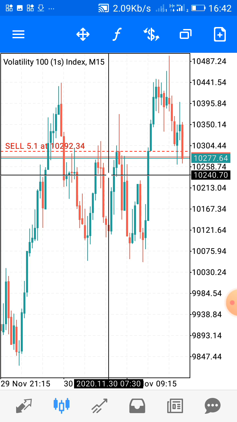So for smaller accounts, when you have $10, $50, $100, just use the minimum lot size for that index or asset. Like for 300, it's 0.20. You can use 0.20 for your $100 account, and that will be very safe for you.